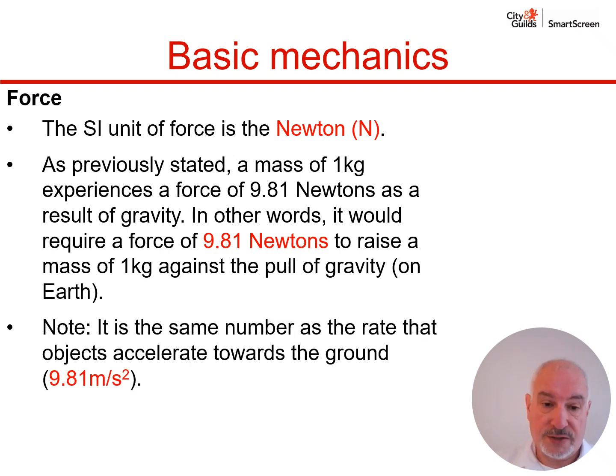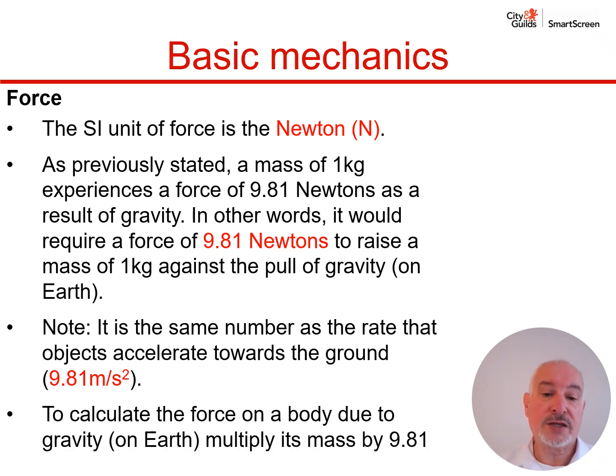And we've said that 9.81 meters per second squared is the value of acceleration that is caused by gravity. If the object is dropped, it will accelerate to the ground at 9.81 meters per second squared. So to calculate the force on a body due to gravity, we multiply its mass by 9.81 because that is the value of gravity on Earth.